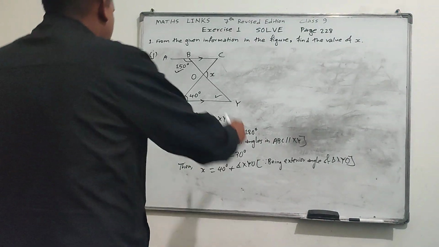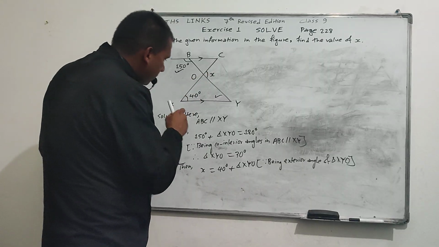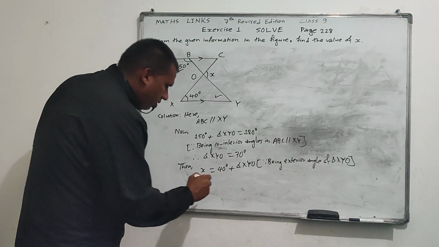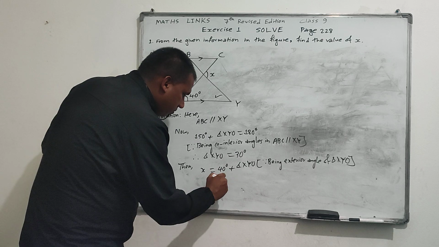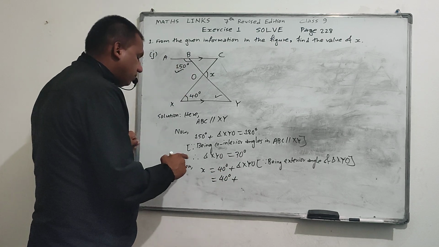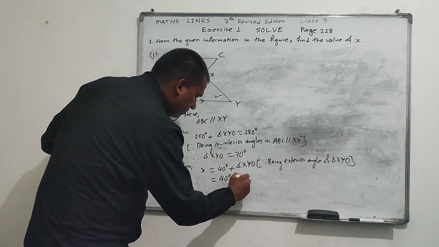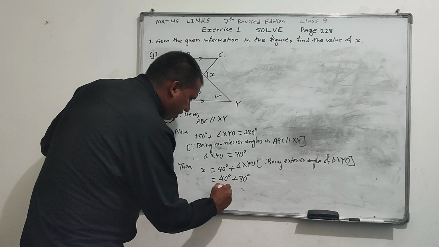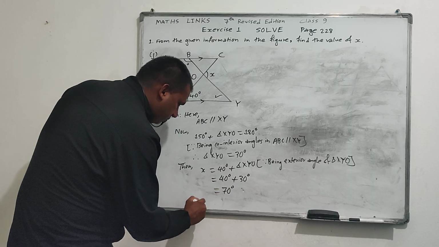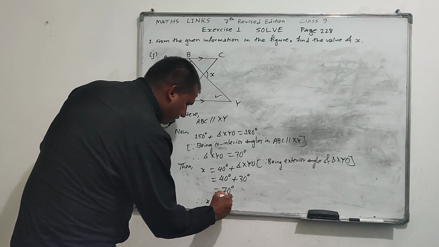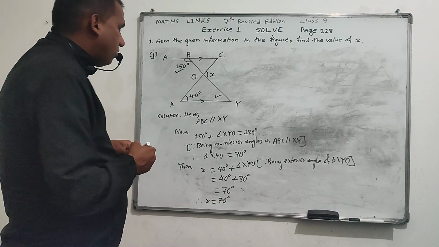So x equals 40 degrees plus angle XYO, that is 30 degrees, equals 70 degrees. Therefore, x equals 70 degrees is the required value of x.